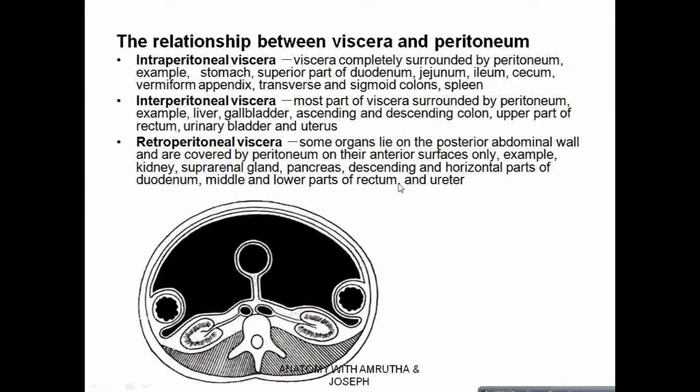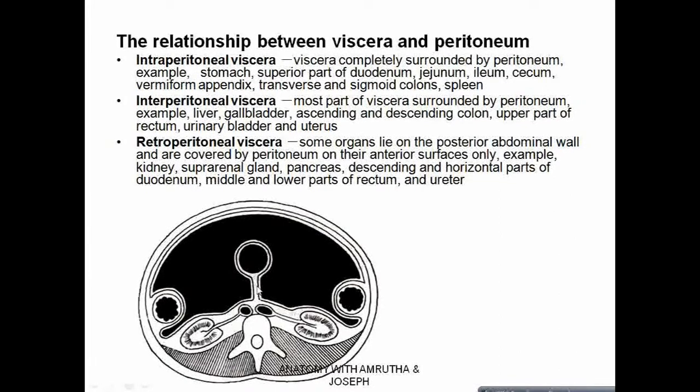Here this organ is pushed into the peritoneum, and this area does not have peritoneum, but the layer of the peritoneum covering the organ passes and is attached to the posterior abdominal wall.